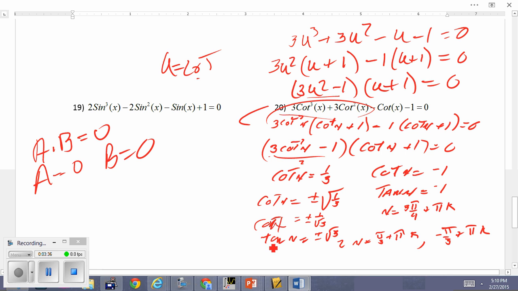The cotangent is the reciprocal of the tangent, so tangent is equal to plus or minus root 3. Over here, cotangent x equals negative 1, reciprocating that to 1 over tan equals negative 1, implying the same thing as tan x equaling negative 1.